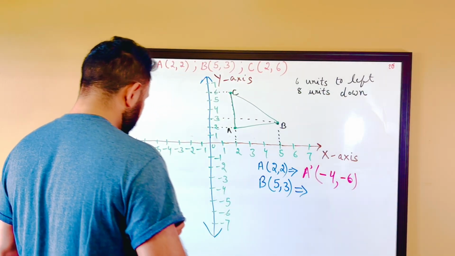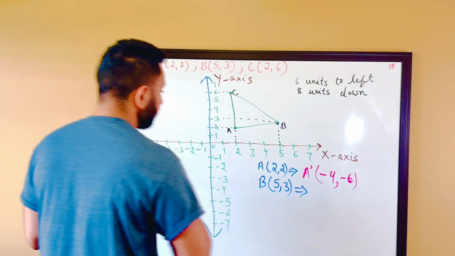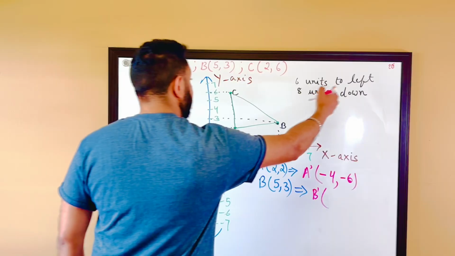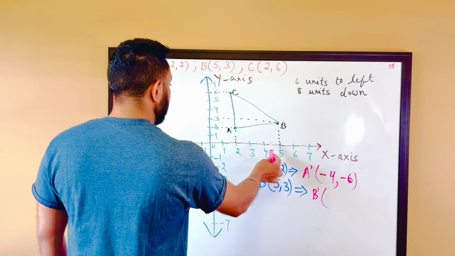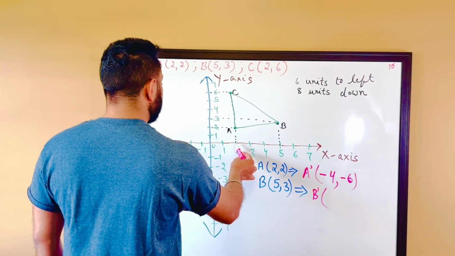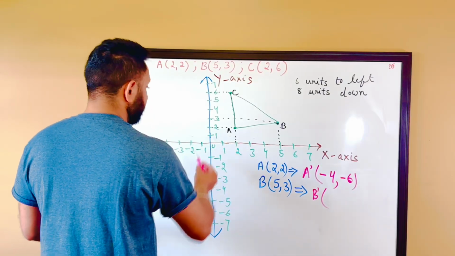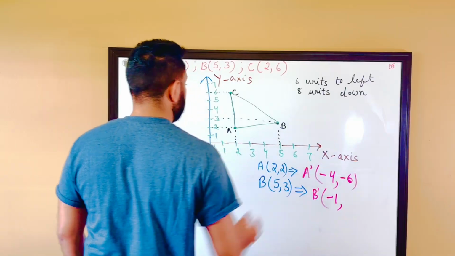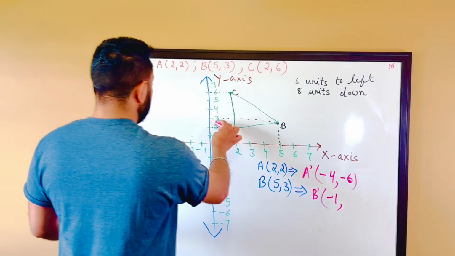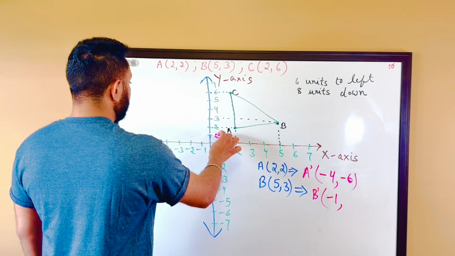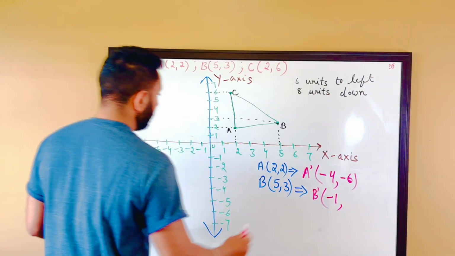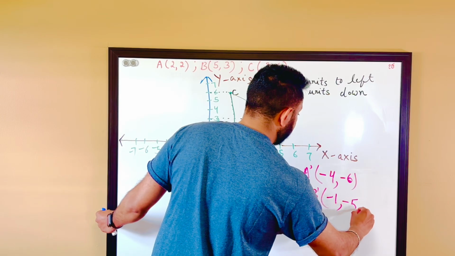So our new B coordinate will be, 6 units to the left, so we are here, 1, 2, 3, 4, 5, 6, so -1, and 8 units down from 3, 1, 2, 3, 4, 5, 6, 7, 8. So that means -5.